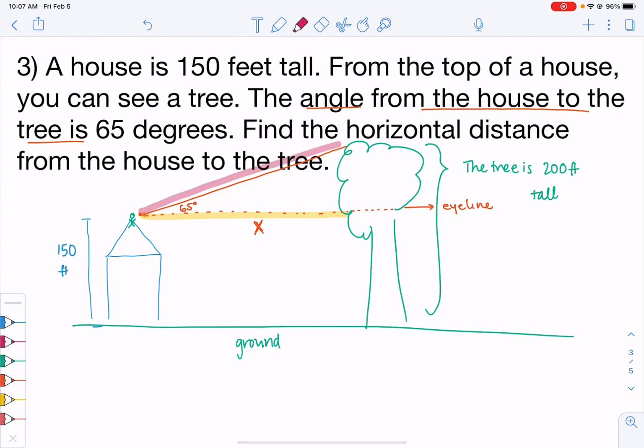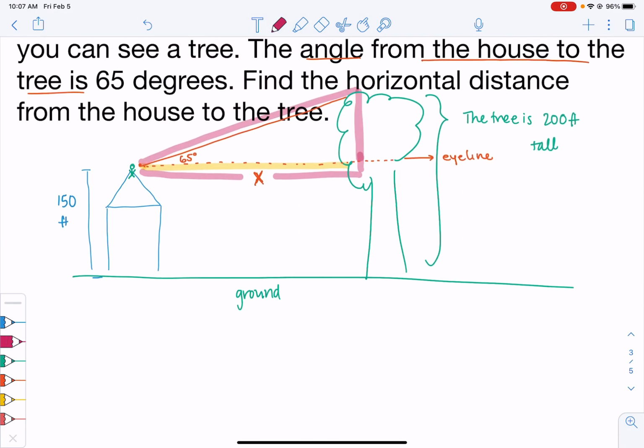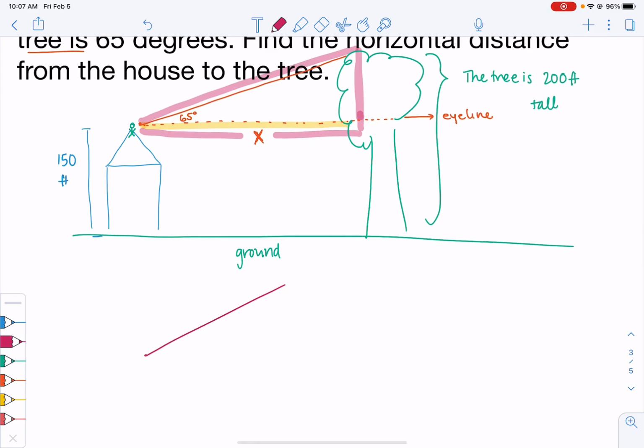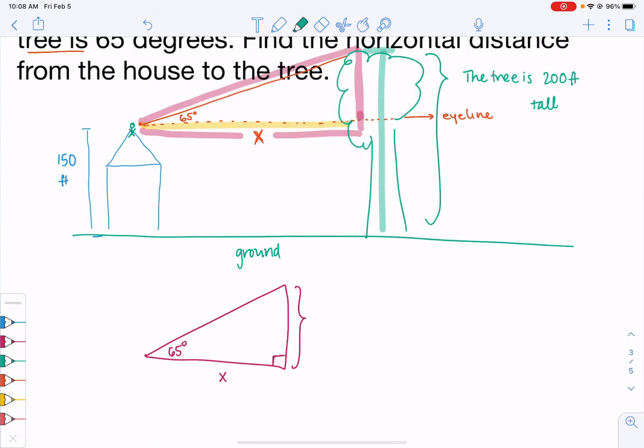So we have our triangle here. And something to note, so let's draw that pink triangle. 65 degrees, x. What's this distance here? Remember, the height of the tree is 200, but that's this whole green distance.